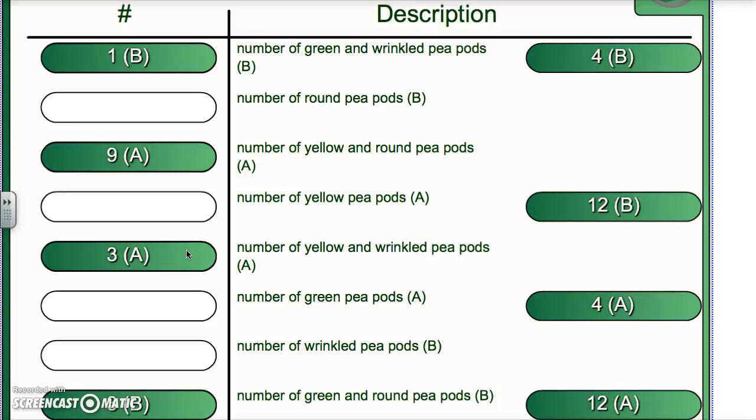Now we're going into the ratios for color, for one trait to one trait. So these ratios are going to be 12:4, which is the same as 3:1 if you do some math. So the number of wrinkled pea pods, wrinkled is a recessive trait, so you're going to have 4 of those.